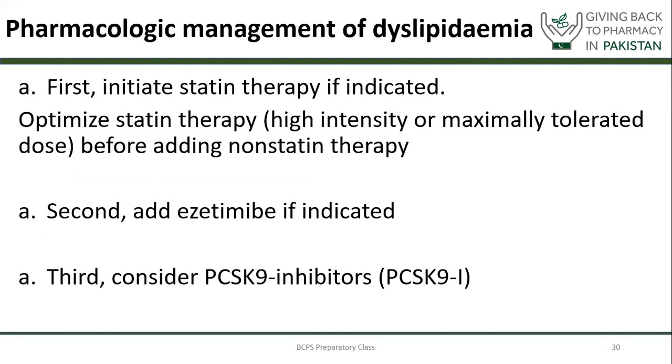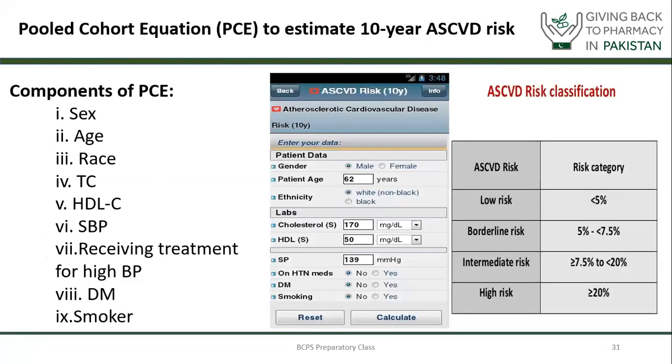On first stage, they start statins. Second stage, they start ezetimibe. Third stage, they start PCSK9 inhibitors. They do this step by step. If they are not able to achieve the desired goal with one step, they go to the next step, and next step. So there is a pooled cohort equation.